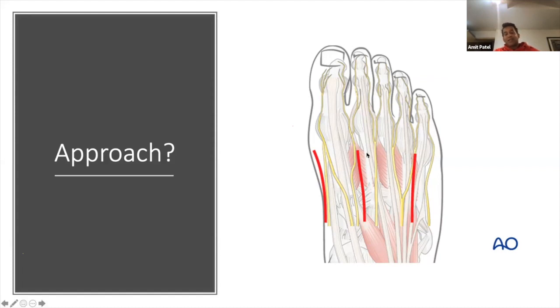And you can access the second and third metatarsal bases so that you can plate them. You commonly don't need the lateral incision, as I say, by rigidly fixing the middle and the medial columns. The 4th and 5th rays don't really ever need anything doing.